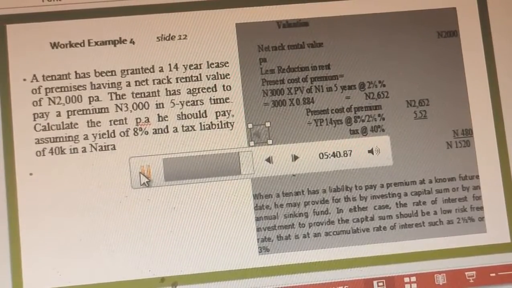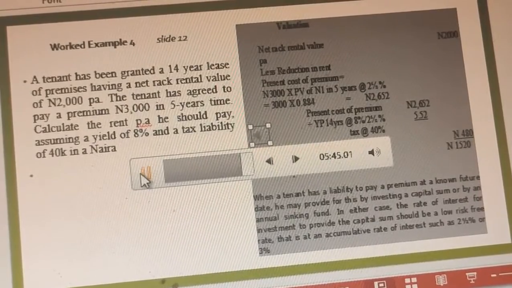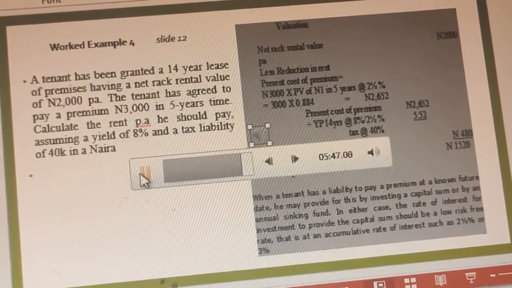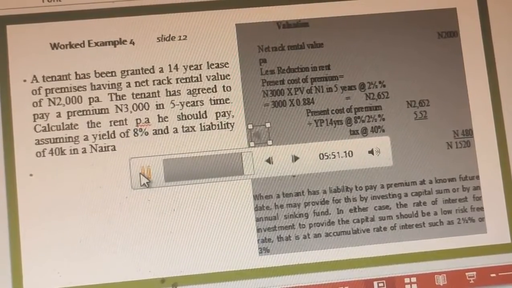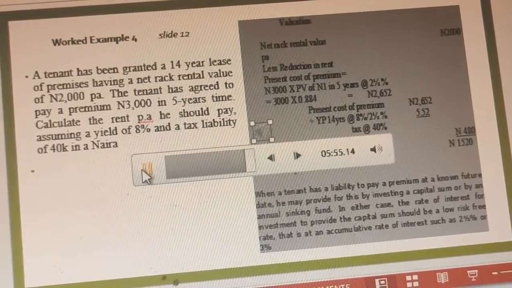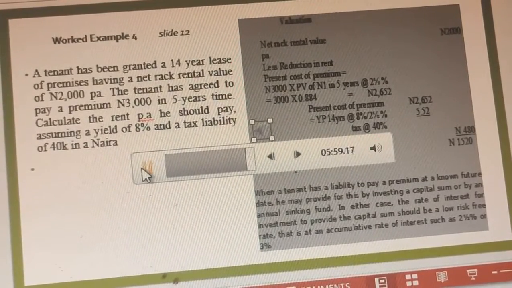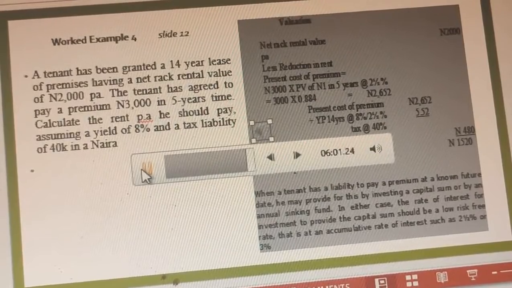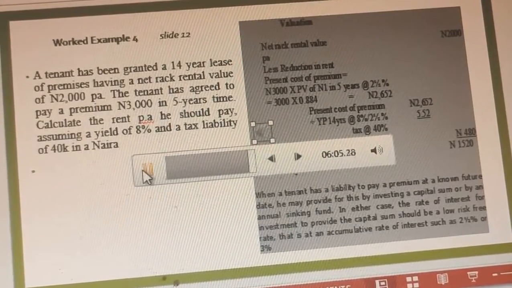Now it's no longer an issue of ordinary agreement. It has become a liability to pay it in 5 years, so your rate must reflect it. If you are using YP, it must be dual rate because it's a tenant. And if you are using PV, it must be at the accumulative rate, not remunerative.